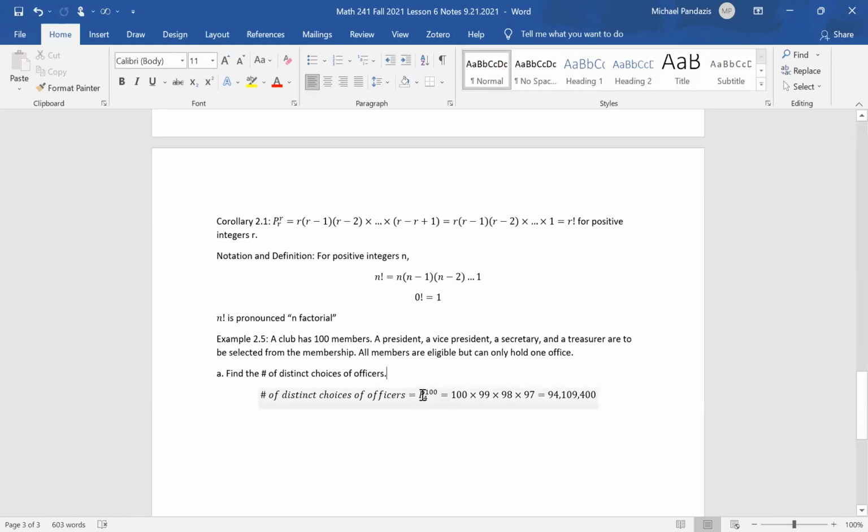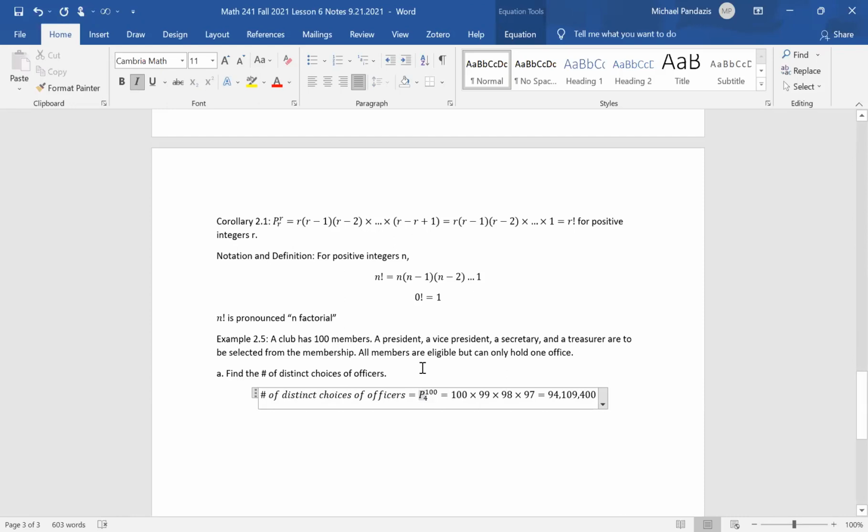So how many ways can you make lists of 4 people from a set with 100 things in it? You'd have the set of ordered 4-tuples where each component is a distinct element of the set with 100 different members in it. Okay, so that's P 4 100. And so you get that number.